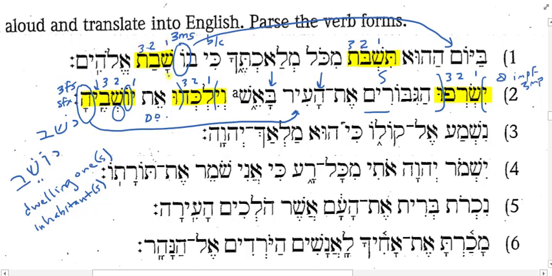One of them has a prefix, one of them does not. So, if it has the prefix, which conjugation must it be in? Imperfect. The imperfect. If it has no prefix, then it's either the perfect or the participle. What would I need for it to be the participle after root 1?